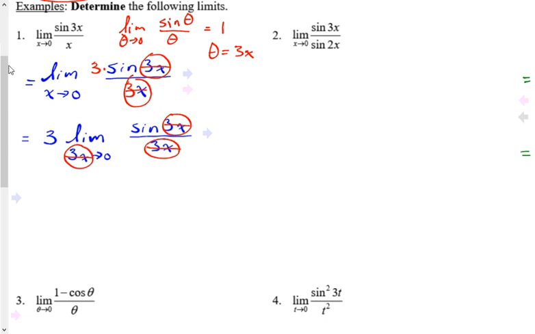But often what we will do is we will just leave this as an x approaching 0. And we won't be picky about changing that one. So in all the future examples, I'm not going to change it. I'll just leave it as x approaching 0. So what's going to happen? I get 3 times 1, which is just 3.